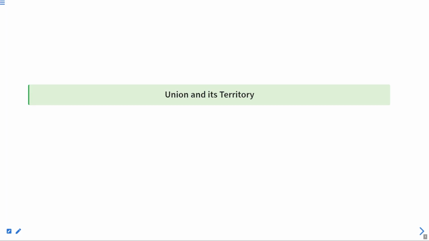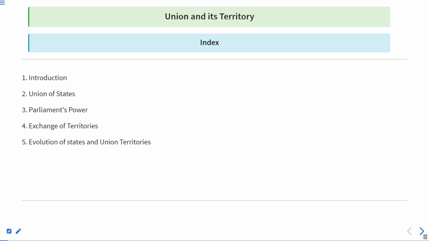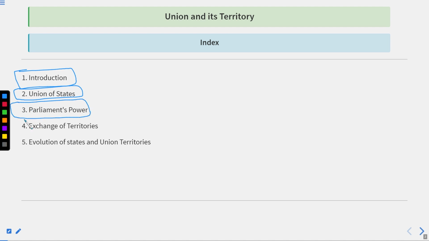So students, as we know, we are covering the union and its territories. These are the topics we have scheduled for discussion under this series: the introduction part, the union of states, the parliament's power, the exchange of territories, the evolution of states and the union territory.